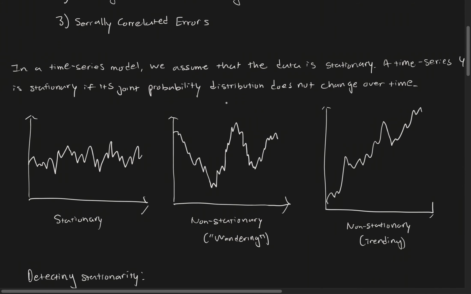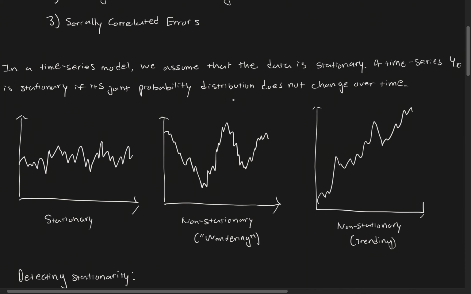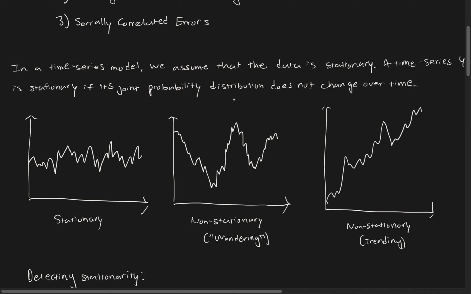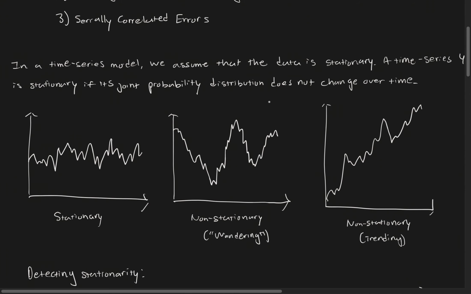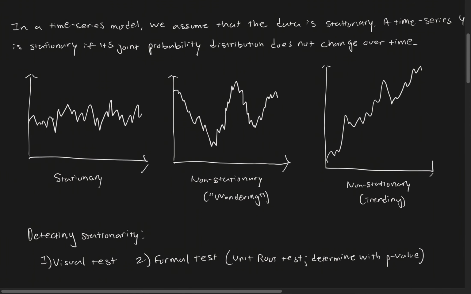Graphically, before we do any analysis of the time series, we have to assume that the data is stationary. Stationary, even by definition, implies that the data is relatively constant. And so when you see a stationary graph, we have to assume that the value does not stray away from the mean.